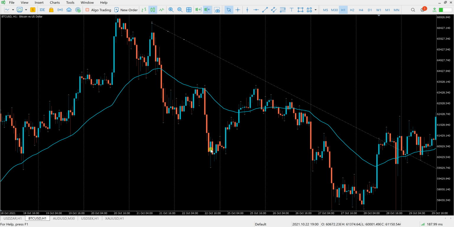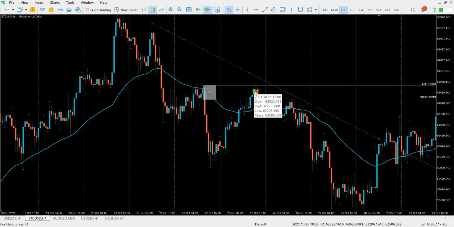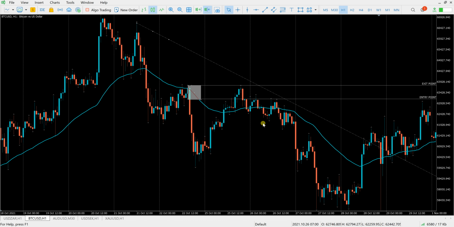So you set your sell limit order here, so that when price rises to this very point, you expect that it will drop. And that is exactly what happened here.